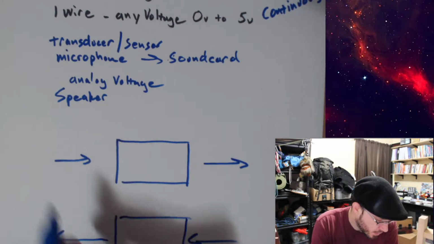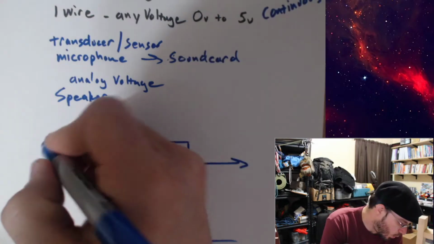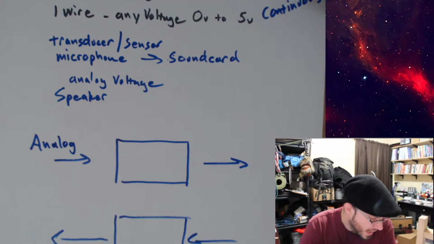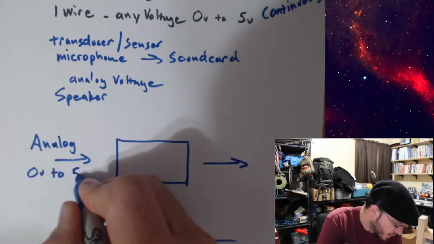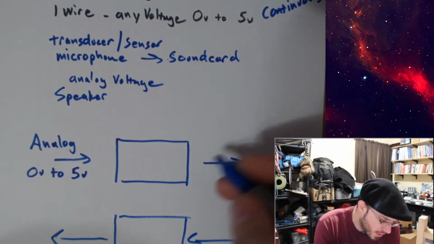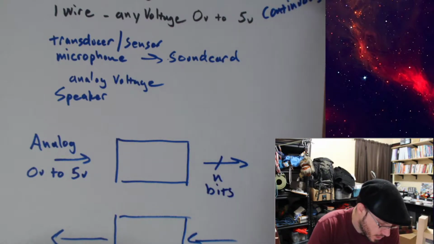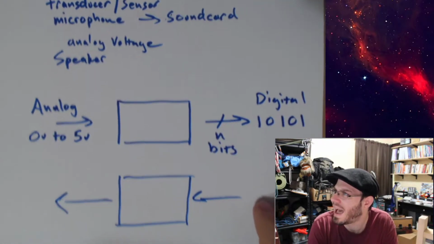We want to be able to take input into our computer from the analog world. So on one side, you may have an analog voltage, 0 volts to, say, 5 volts. And then on the other side, you're going to get digital out of it, however many bits you have.